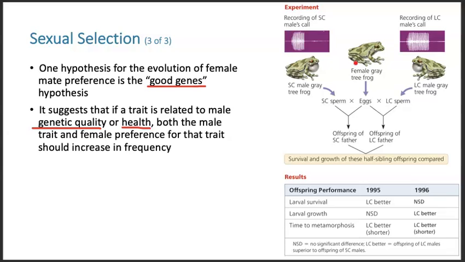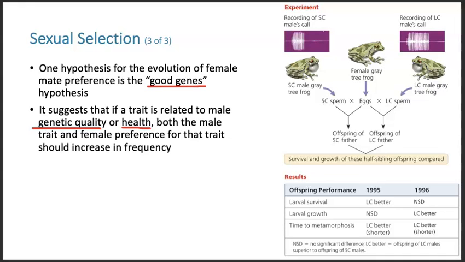So the females are choosing males with the longer call, but of course, if a male is going to call longer, then a predator who listens for frog calls to zero in on that prey is more likely to eat the male that is calling longer. So that's a very interesting downside of that long call.